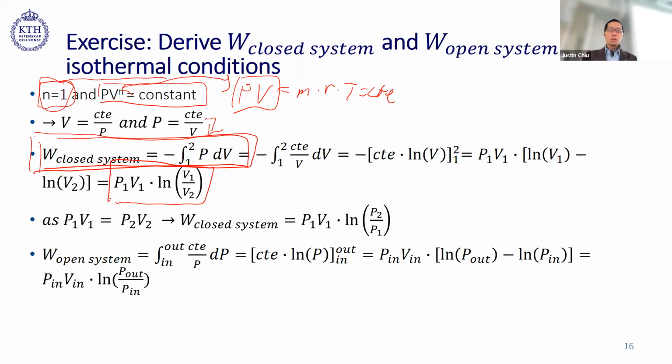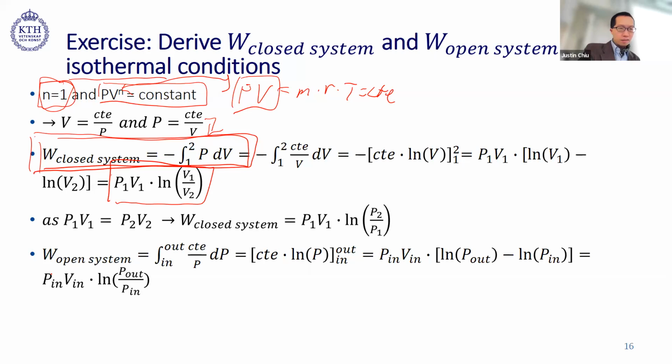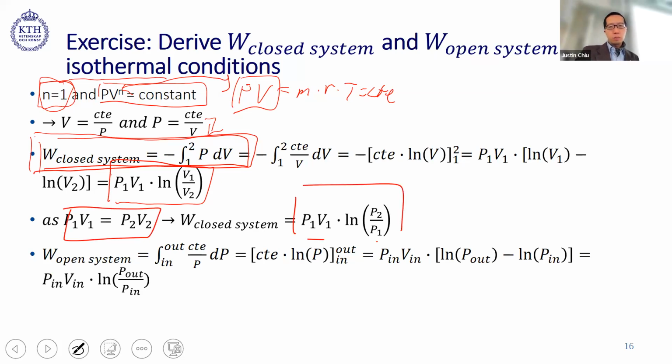So this is the result: P1 V1 times log V1 over V2. We can rewrite it because we know P1 V1 is equal to P2 V2. So by knowing the pressure ratio, even if you don't know the volume V2, but only by knowing to which pressure you want to compress it, you can calculate the work required. The same goes for the open system.